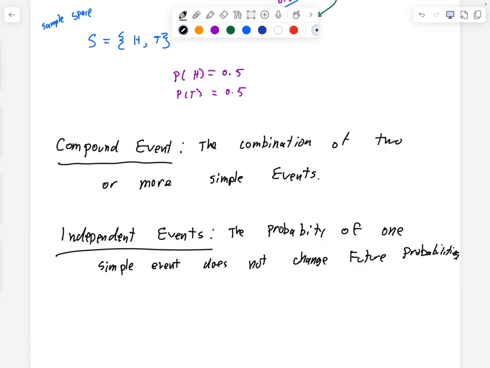No. 0.5. It's still 50%. It doesn't matter because when you flip a coin, each event is independent of the other. So it doesn't matter that the coin landed heads 50 times in a row. Because those events are independent, the next coin is still 50%.